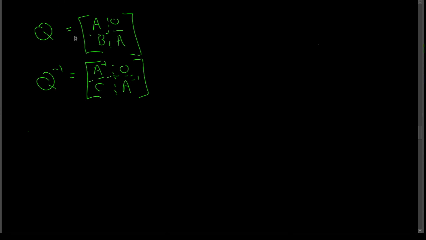Now I initially did this as a determinant argument, where A times A minus B times 0 would be the determinant of Q. And then the inverse of Q is 1 over the determinant, which in this case is going to be A squared, times invert the AA and change the signs to this.